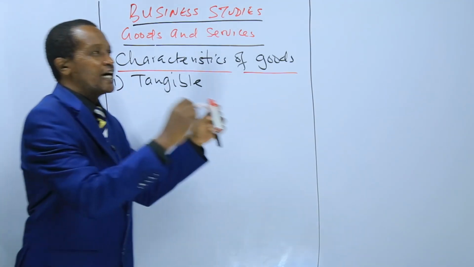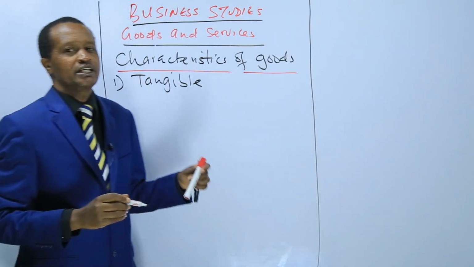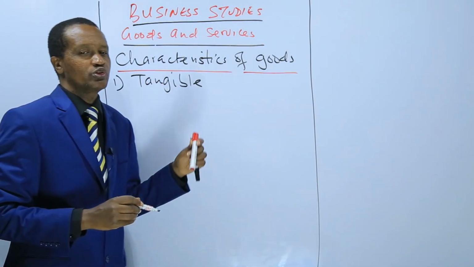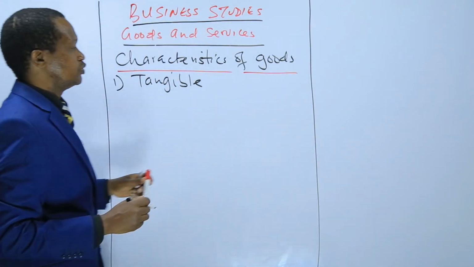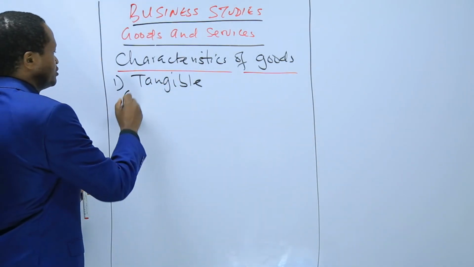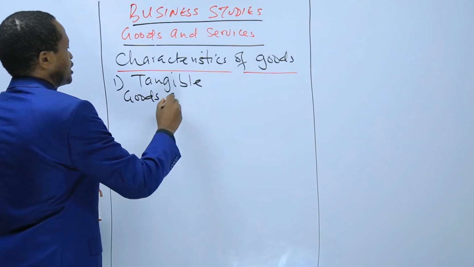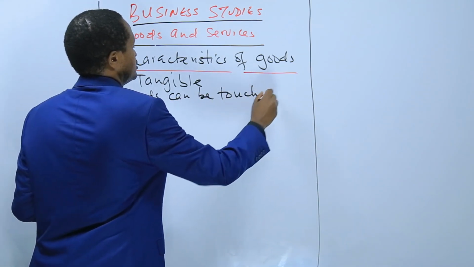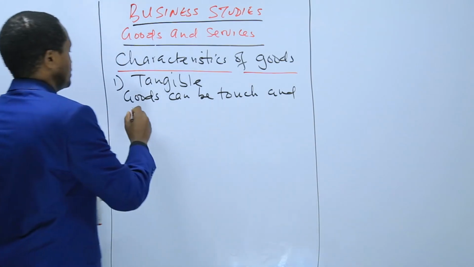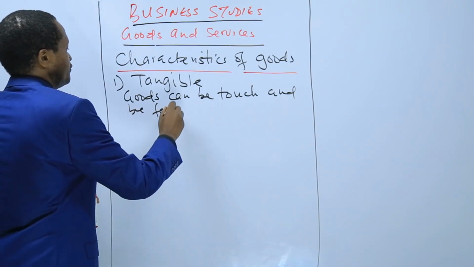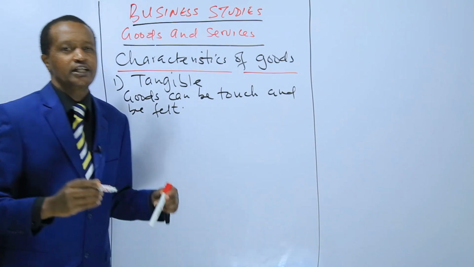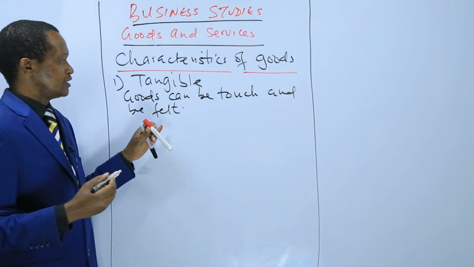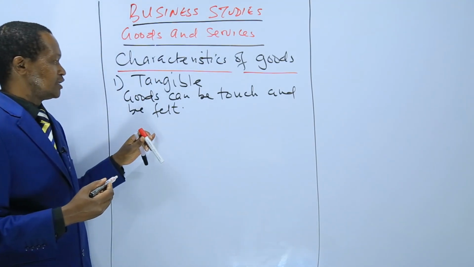They are tangible. That means that they can be touched and they can also be felt. Why can they be touched and why can they be felt?